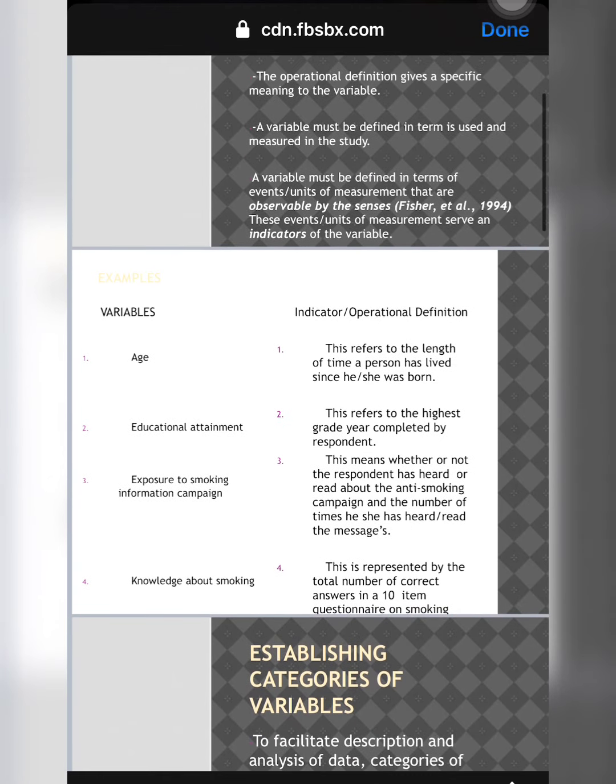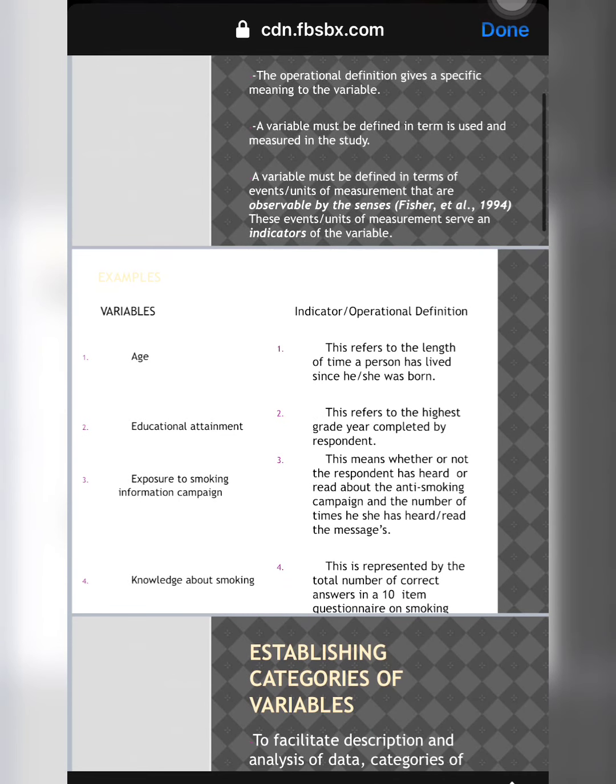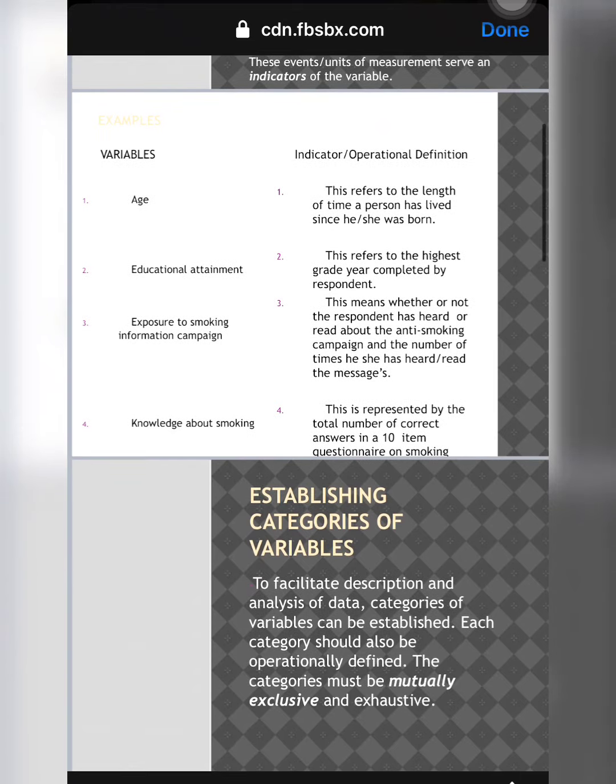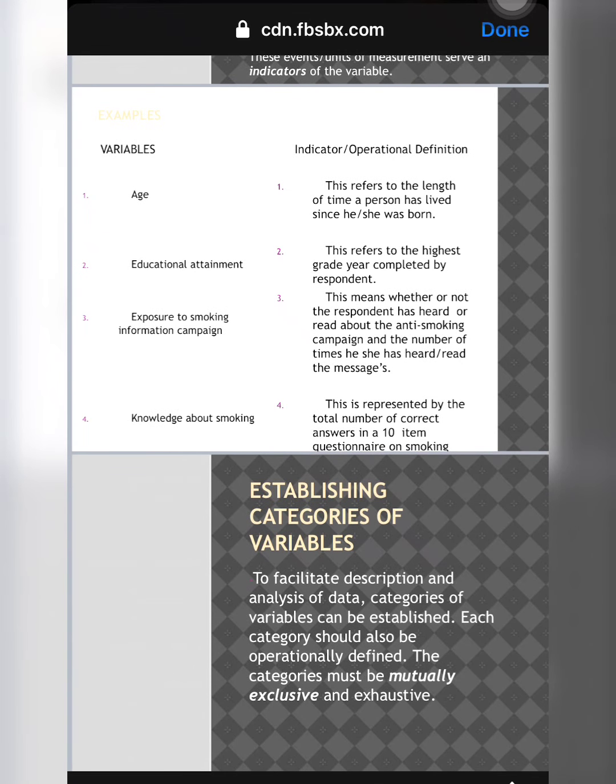So, here's the example. Variables. The first variable is age. This refers to the length of time a person has lived since she was born.